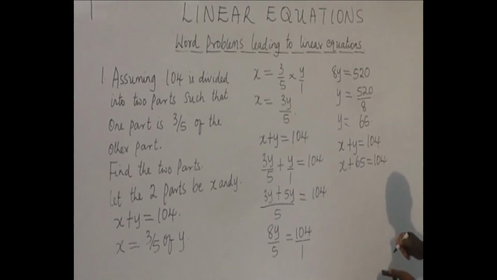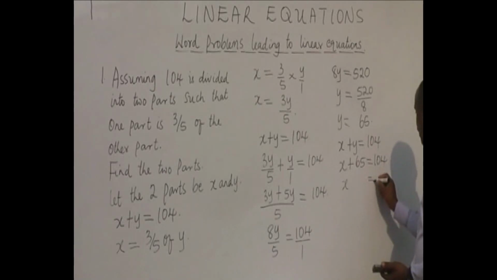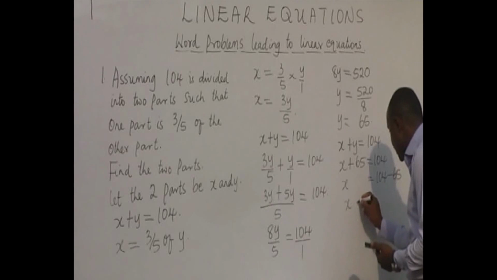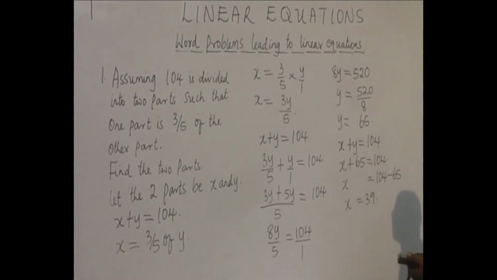Subtract 65 from both sides. You'll be left with only X on the left-hand side of the equation. And it's going to be equal to 104 minus 65, which is 39. So our X is 39.